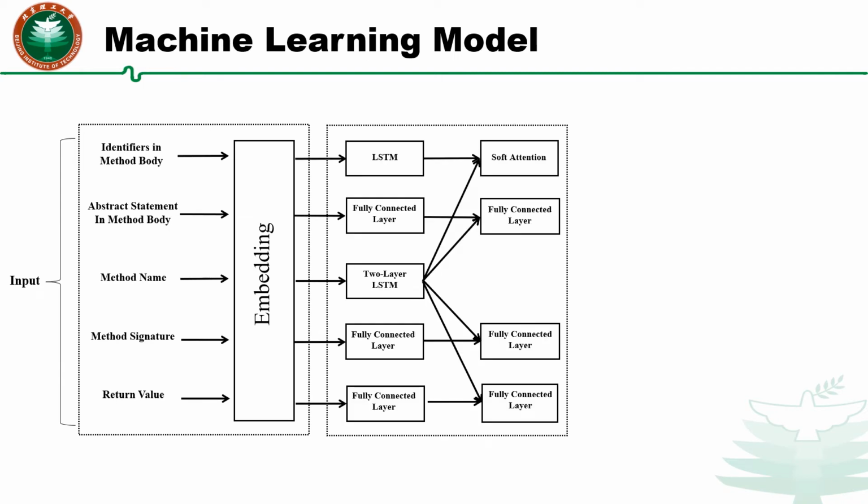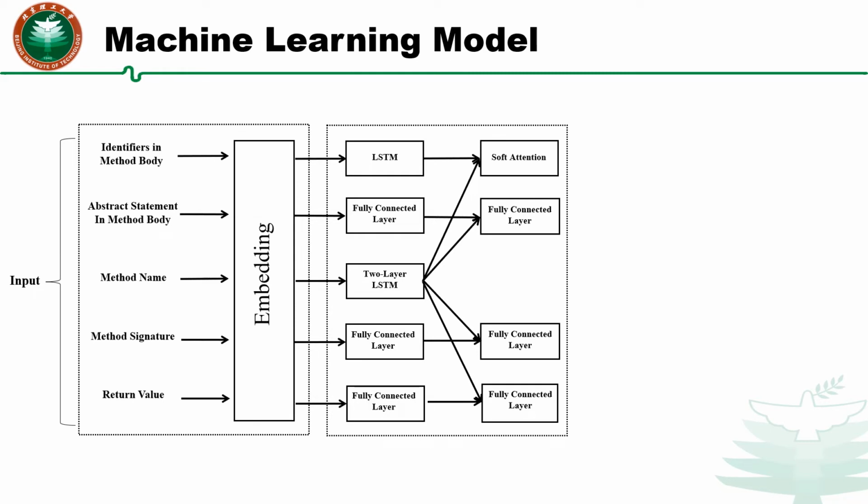And then in the second part, we design different networks to process different features. We use two-layer LSTM to process method name, and we use LSTM and attention to process identifiers in the method body. And we use fully connected layer to process other features.